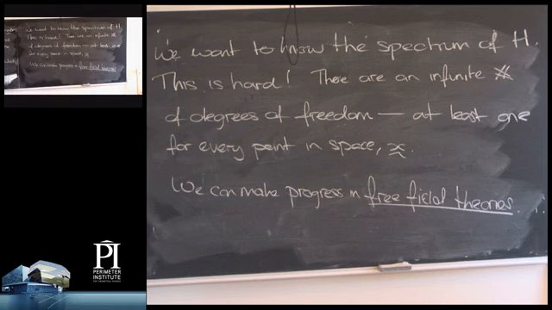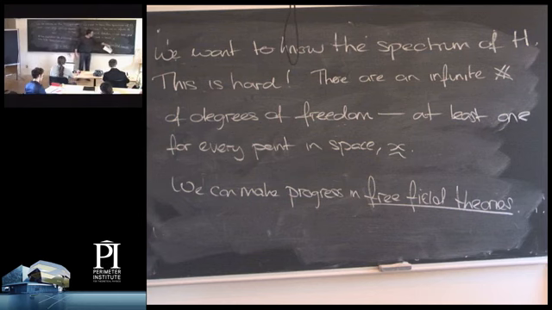If you want a quick and ready definition of a free field theory, it's a theory where if you look in the Lagrangian, the fields only appear quadratically. What that means is that if you look in the equation of motion, the fields only appear linearly. And as you all know, that means that if you've got one solution, you can add it to a second solution and get a third solution.